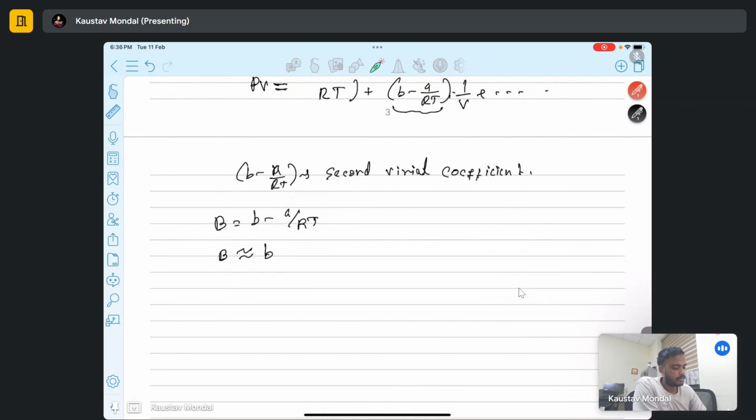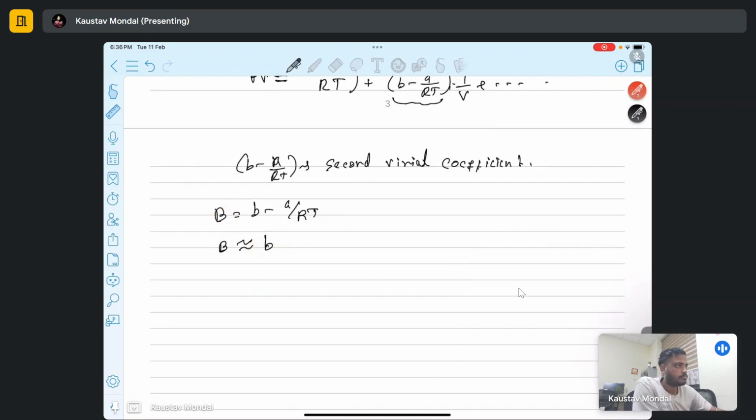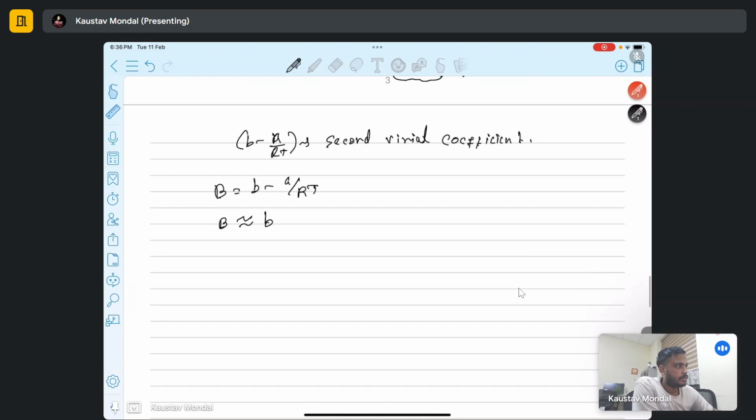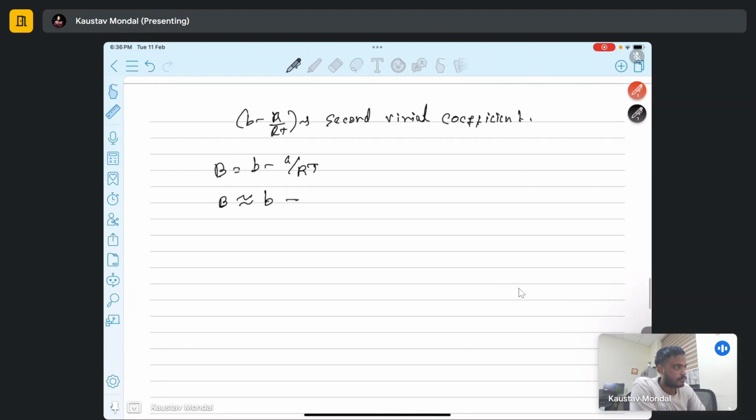So the capital B will be approximated to the constant small b. Okay, so now let me just write the values. B in this case would be equal to 3.707 into 10 to the power minus 2 liter per mole.